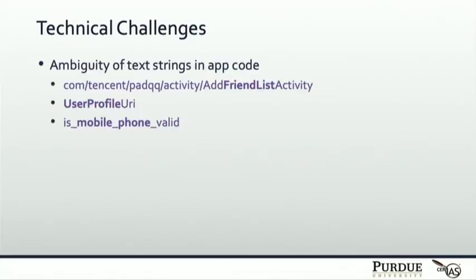Okay, although the app code is semantics rich, recovering those truly sensitive data sources from the code is by no means trivial. The first challenge is how to effectively resolve the various ambiguities of the text strings in app code. As shown here, in many cases, the presence of a sensitive keyword may not represent any sensitive content.